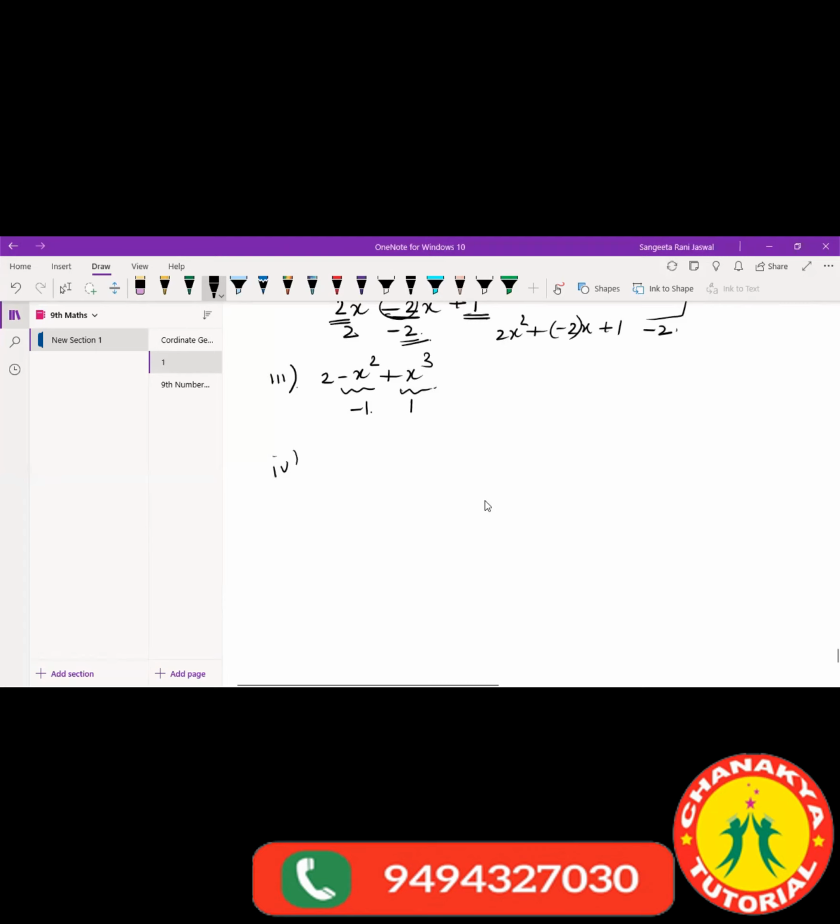Okay, I'll give you more now. Suppose we have the next one, pi by 2 x square plus x. Now what is the coefficient of x square in this case? Ma'am, pi by 2. Okay. Yukta, you tell me, what is the coefficient of x square in this case?